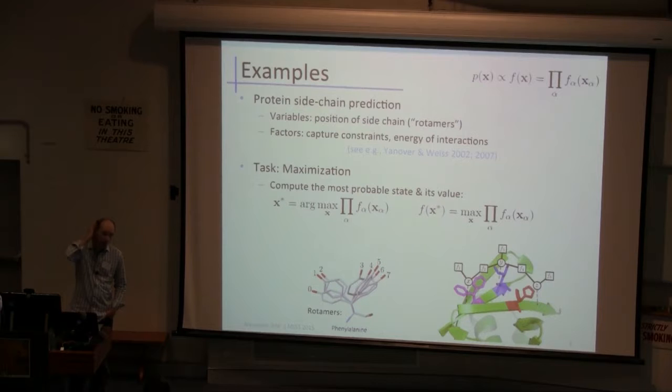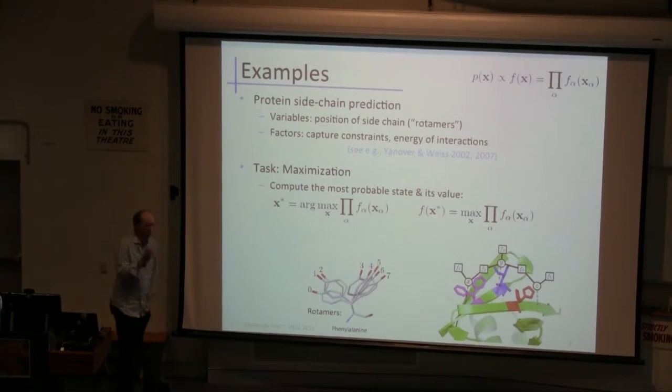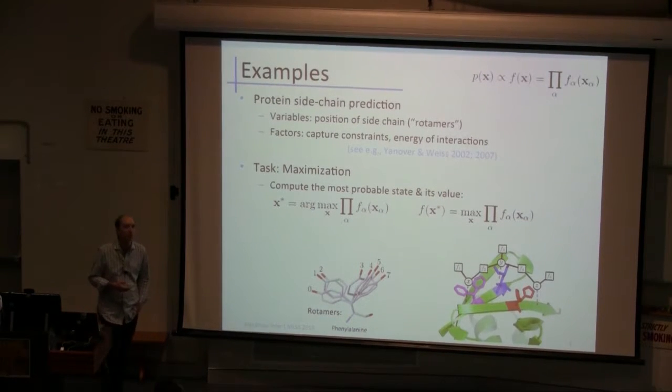In that case, what we want to do is find the most likely configuration of the system. So the MAP, or most probable state, X star, the setting of the entire system that maximizes its probability, or possibly just the value of that, so the actual energy. This is a combinatorial optimization problem. We'll always think of X as being discrete, and we want to optimize over this discrete space.